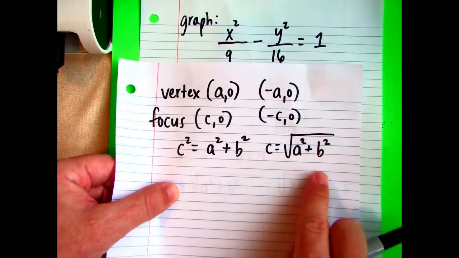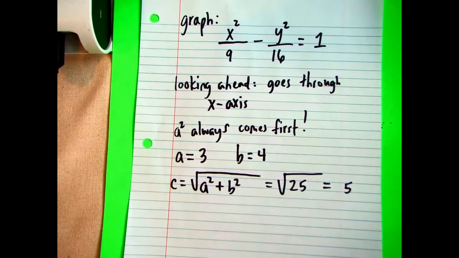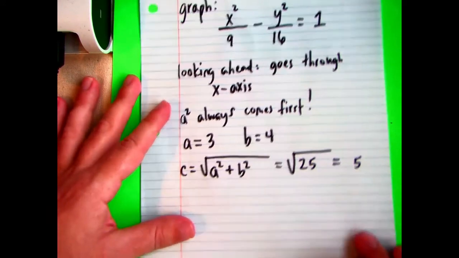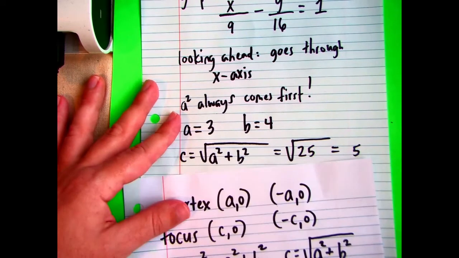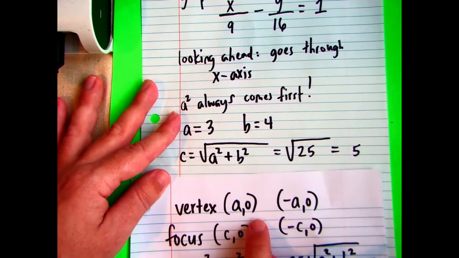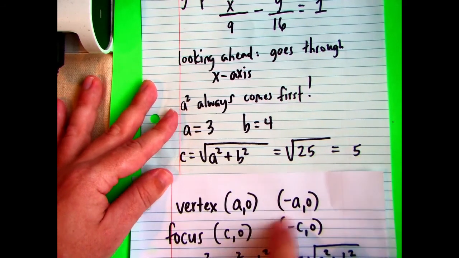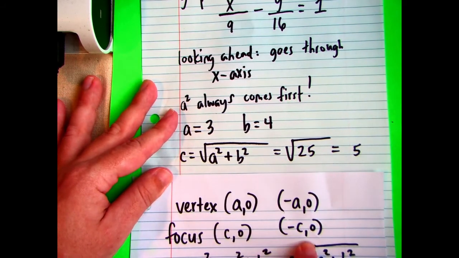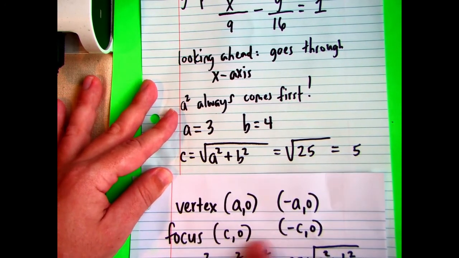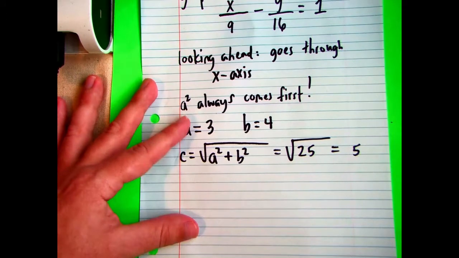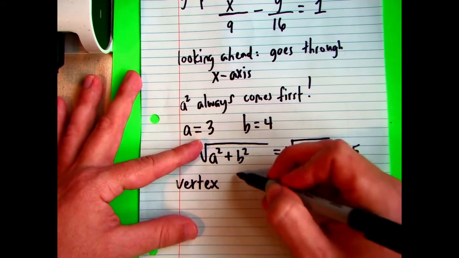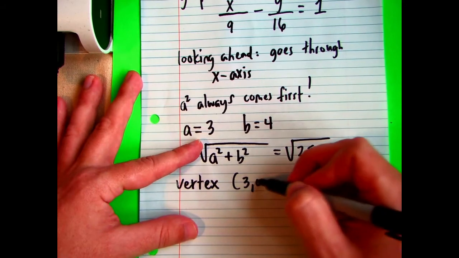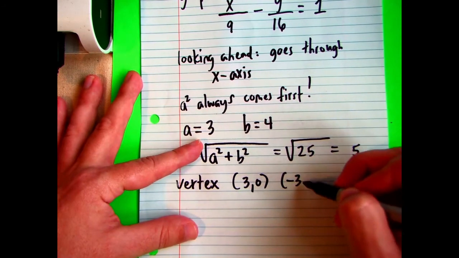Okay, so using the notes that I gave you a moment ago, let's identify our vertex and our foci. So vertices are a comma 0, negative a comma 0. So vertices are at 3 comma 0, negative 3 comma 0.